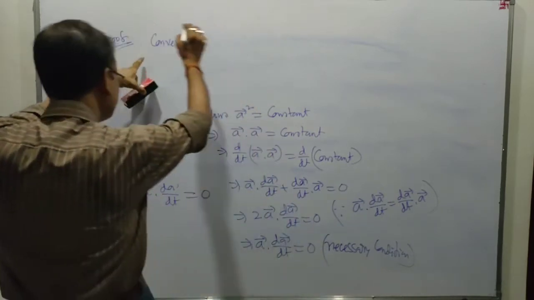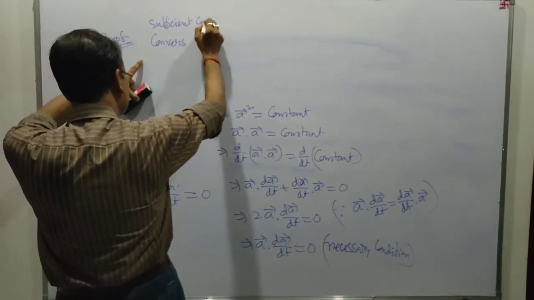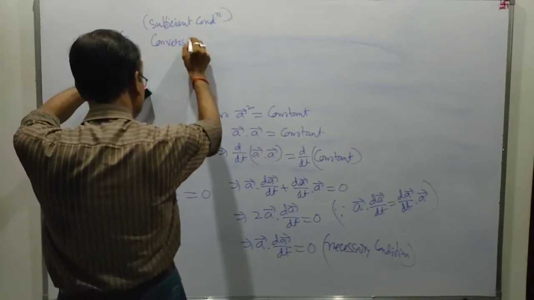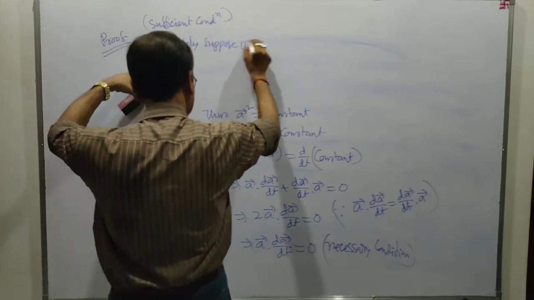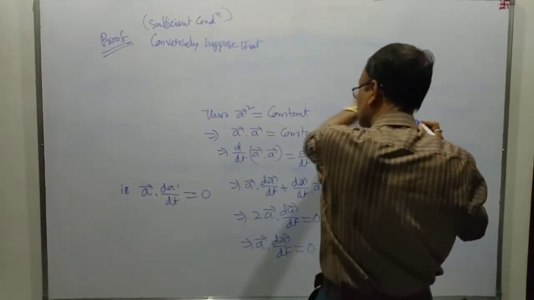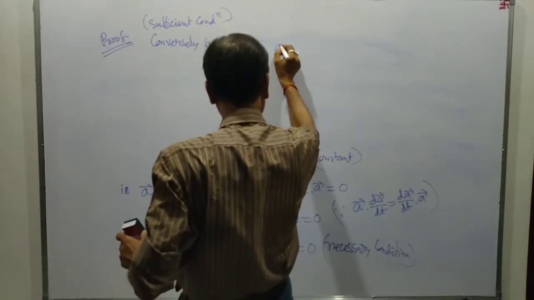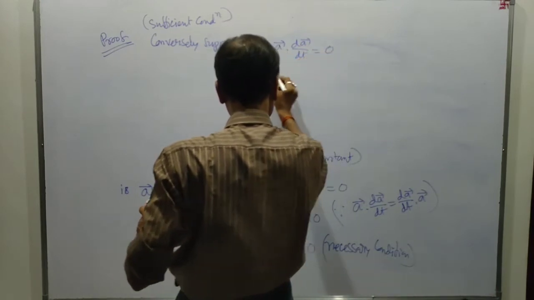Conversely, suppose that A vector dot dA vector by dt is equal to 0.